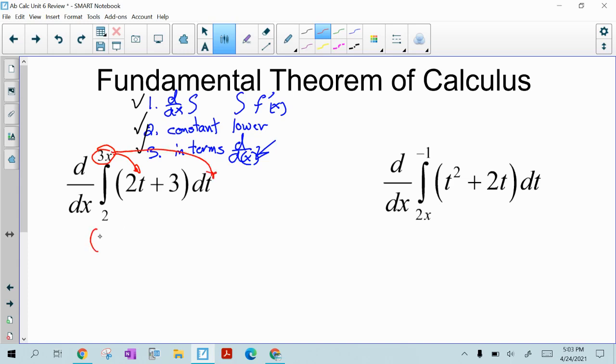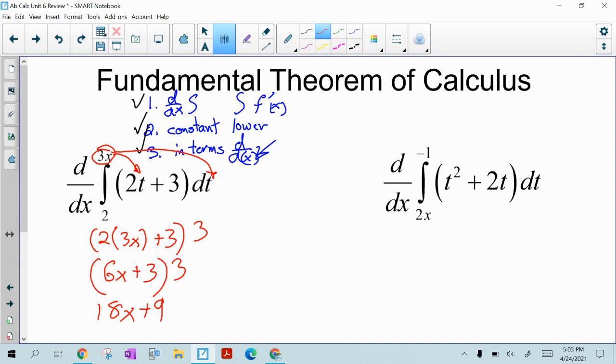So I'm now looking at 2 times 3x plus 3, and the derivative of 3x is going to be 3. So I'm now looking at 6x plus 3 times 3, which is 18x plus 9. Woohoo, we got straight to our answer.